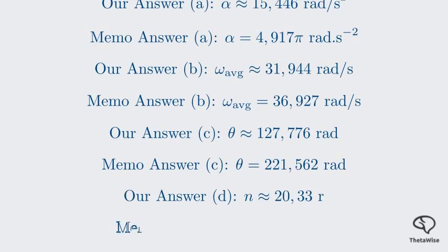The memo has 35.25. Again, this error propagates from the earlier incorrect calculations. Our answer of 20.33 revolutions is correct based on the initial data. So for question 2, our method and answers for parts B, C, and D are the more accurate ones. Part A is correct in both cases.